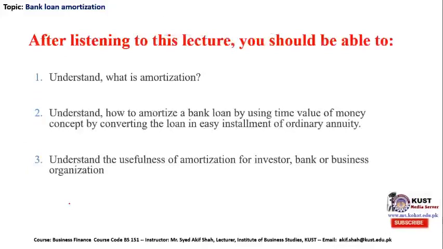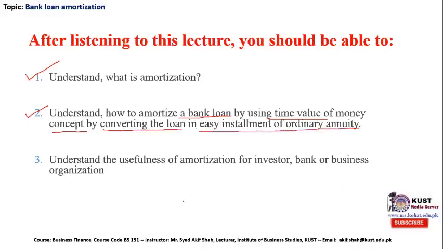Dear student, after listening to this lecture, you should be able to understand three learning outcomes. Number one, understand what is loan amortization. Second, understand how to amortize a bank loan by using the time value of money concept by converting the loan amount, which is the principal you have taken as loan, into easy installments of ordinary annuity.